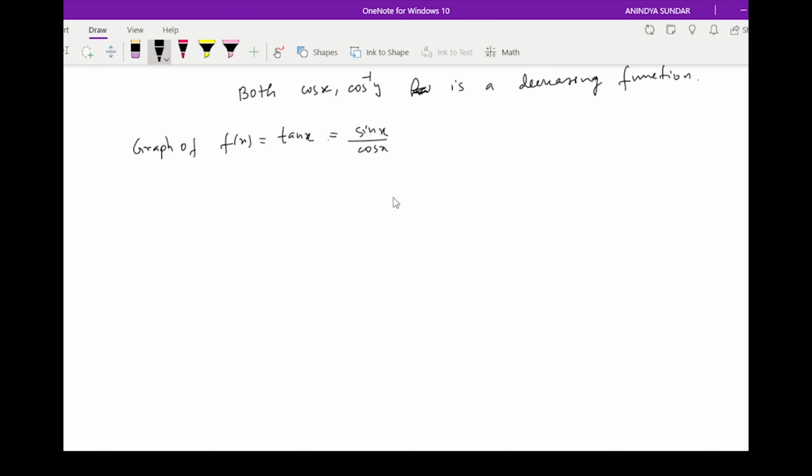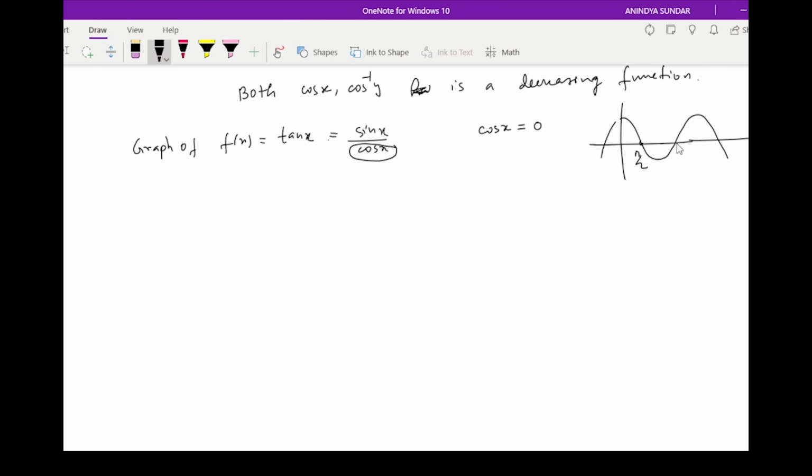So I know that if cos x becomes 0, then the denominator will become 0, and at that point tan will be undefined. So I will check those points at which cos becomes 0.